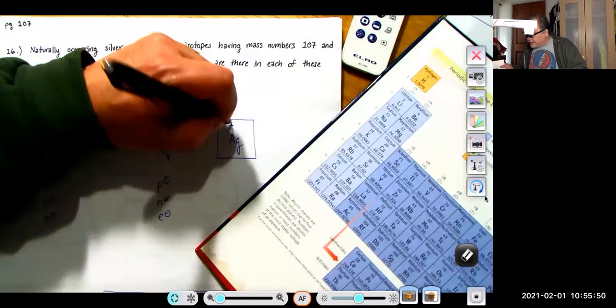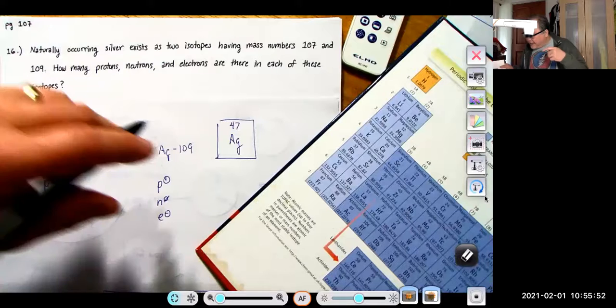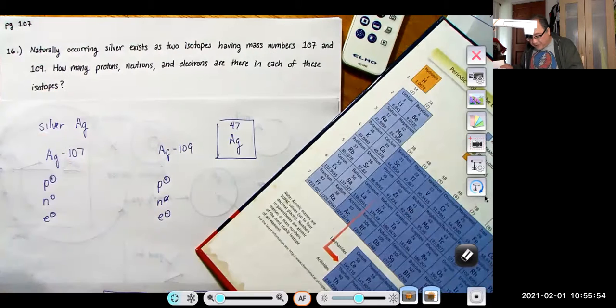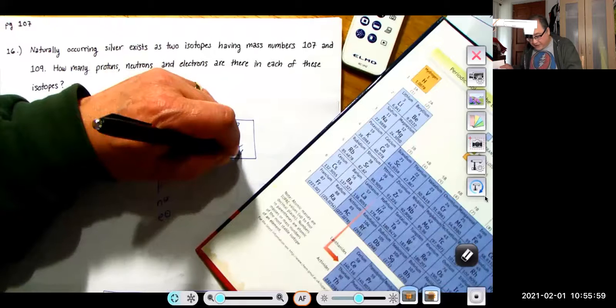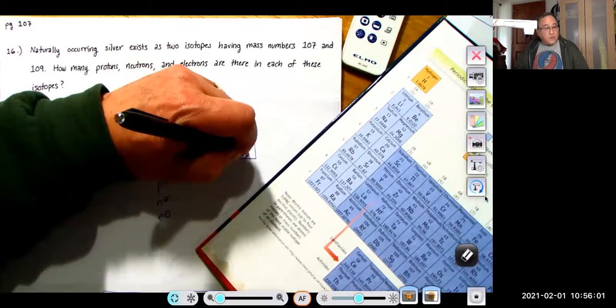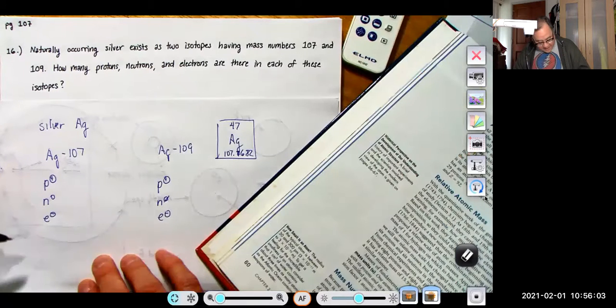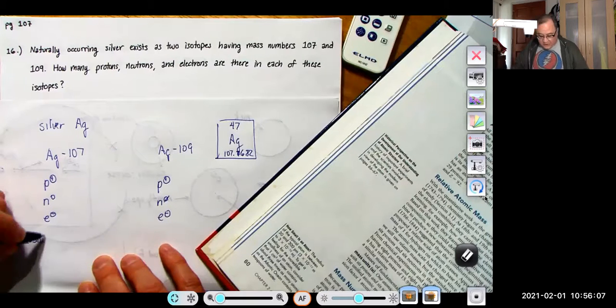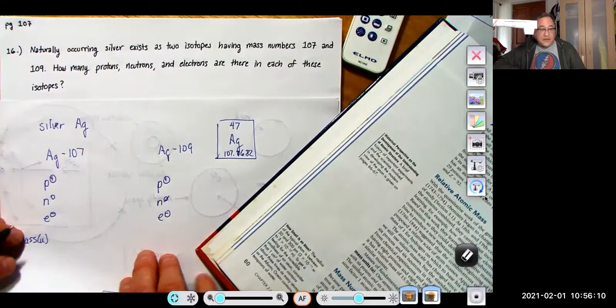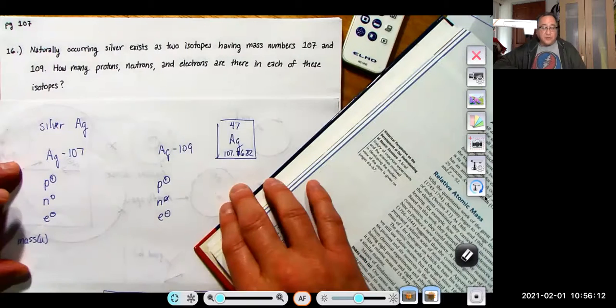And interestingly enough, it has a number at the bottom that says 107.8682. I'm going to add one more part to this. I'm going to put mass here in u. So I want you to fill out these charts and give me a little thumbs up when you're done.